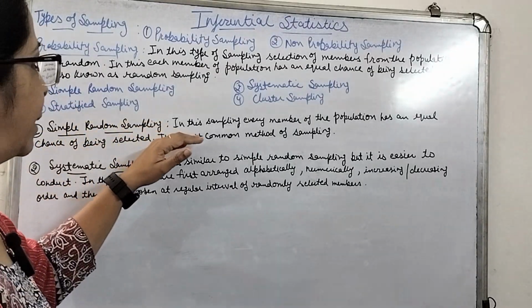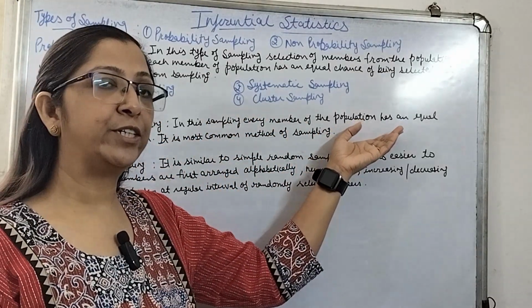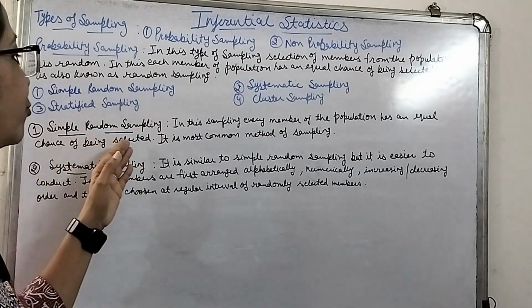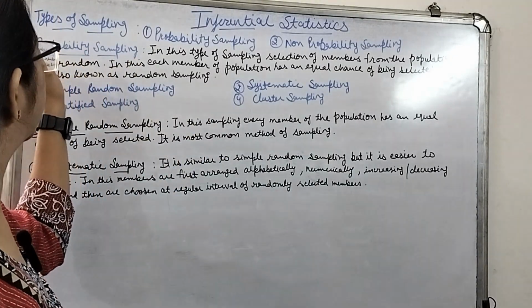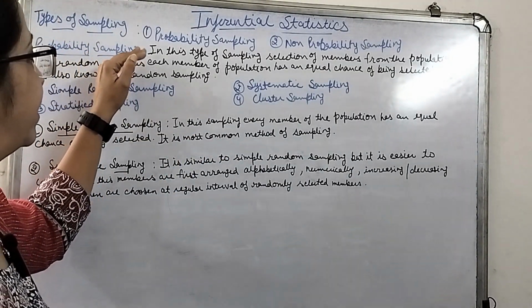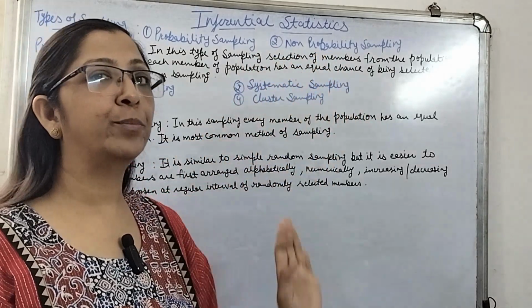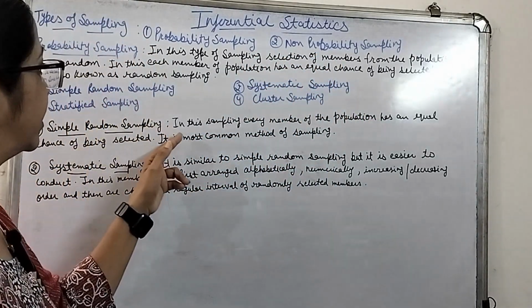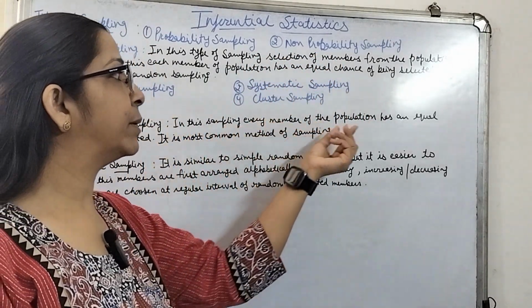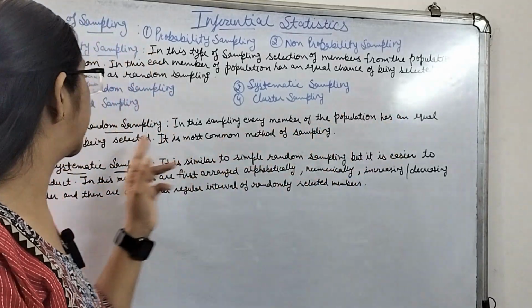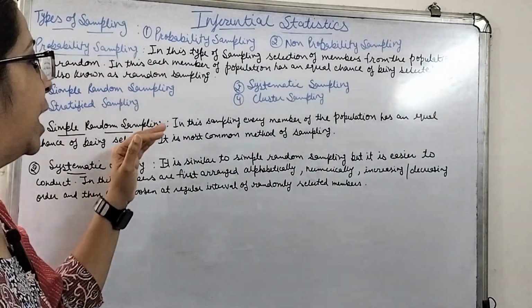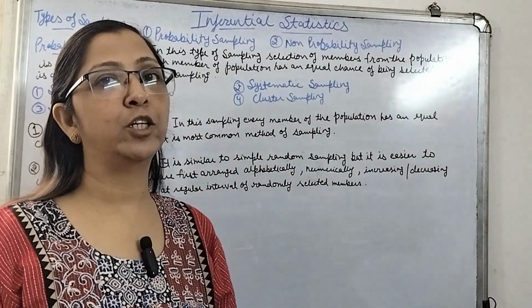In this type of sampling, every member of the population has an equal chance of being selected. As we already said, in probability sampling there is no bias. It is the most common method of sampling.